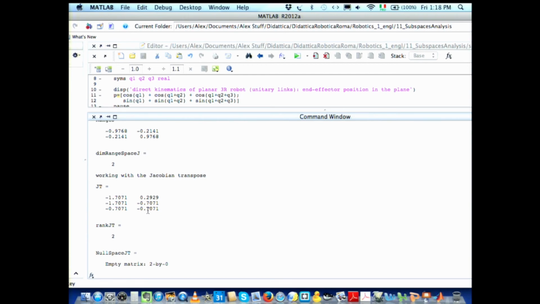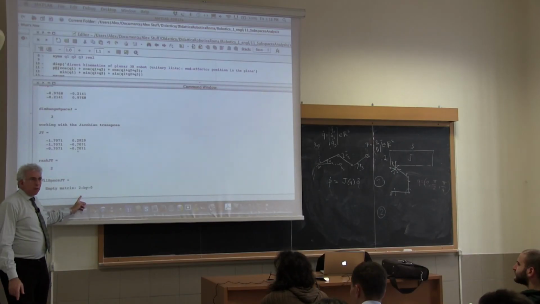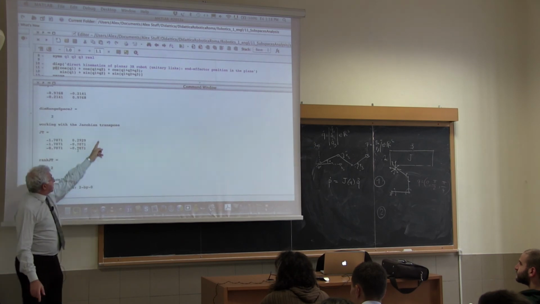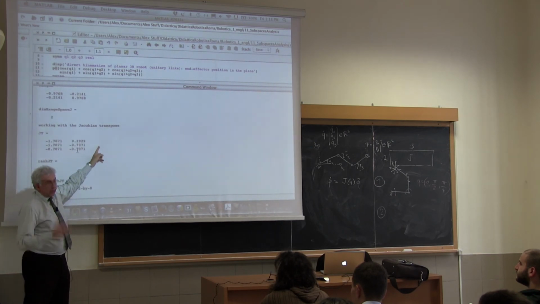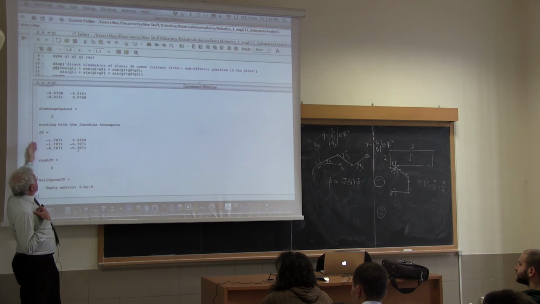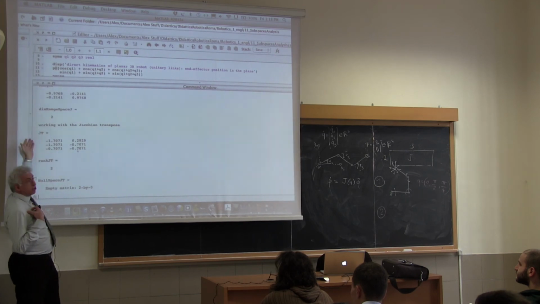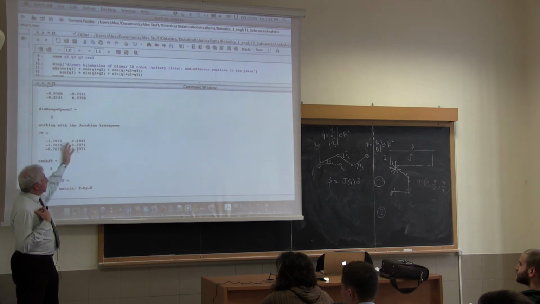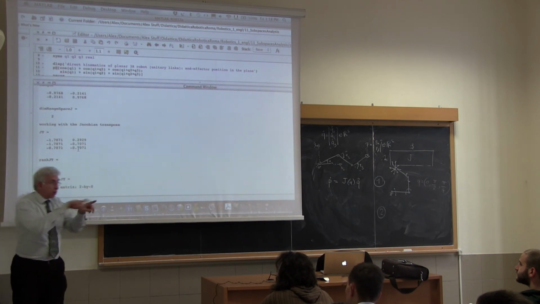The answer is an empty matrix. Why? Because this is full rank. So if I take a 2-dimensional vector here, which I can interpret physically as a force, if this vector is non-zero, I cannot generate a 0 vector, because these are full rank. So there is no possible combination of the 2 columns that gives zero.